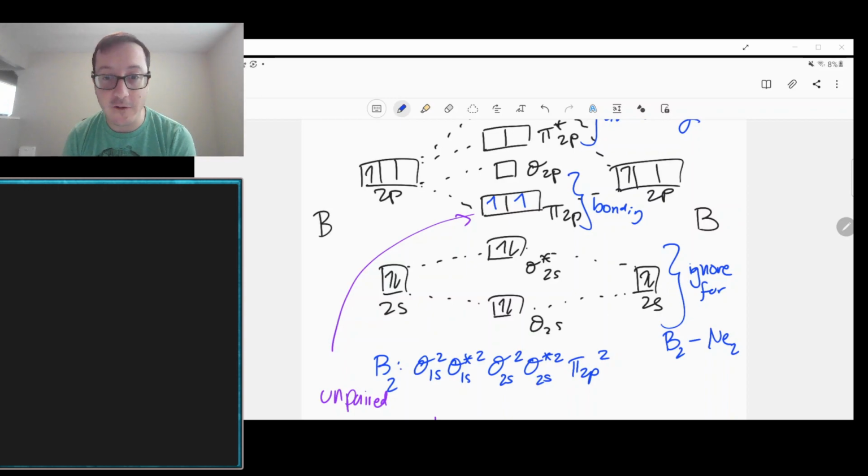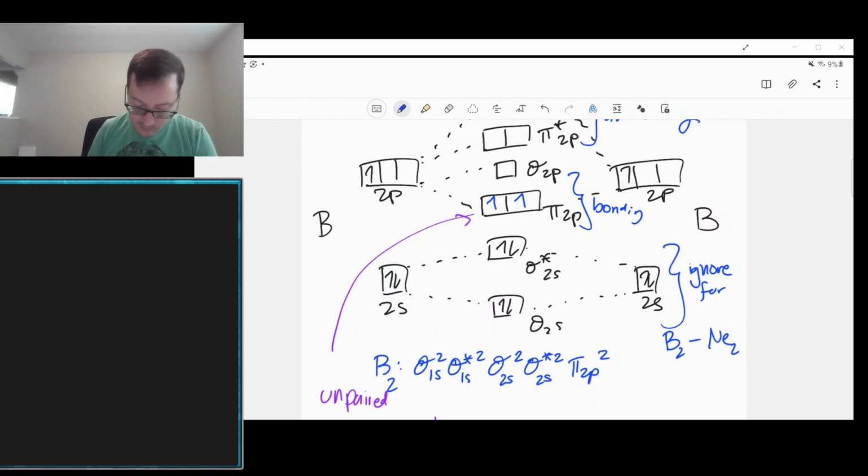We're only going to look at the 2p's because, again, 2s and 2s star cancel each other out, so we don't really need to worry about them. We're going to get the same bond orders whether or not we include them. They're not core electrons, but they're lower energy. They're not going to be participating in the bonding.